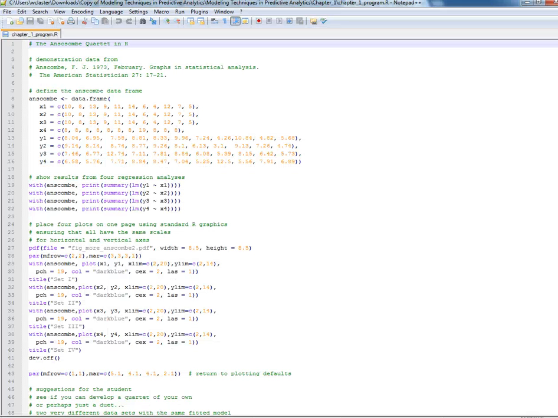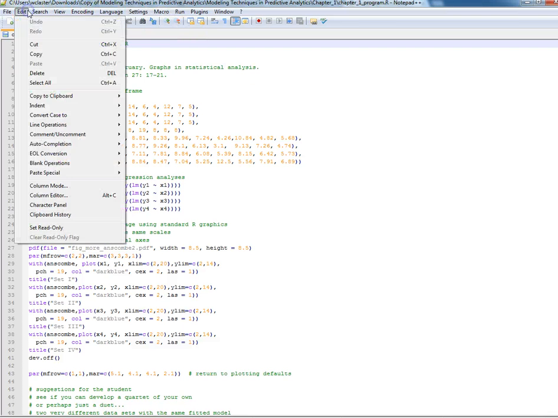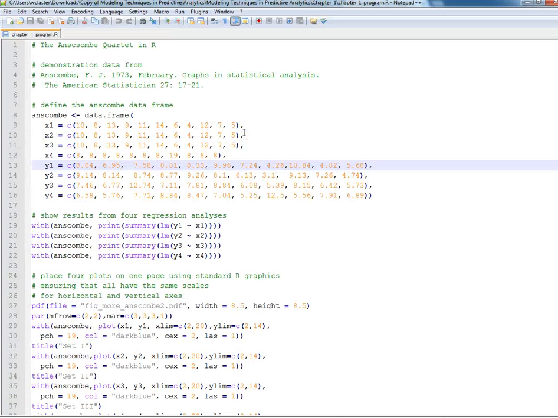Okay, can everyone get this first file open? Anybody not able to get it open? Let me just find Excel. Okay? So we're going to use a sort of well-known data set called the Anscombe Quartet.